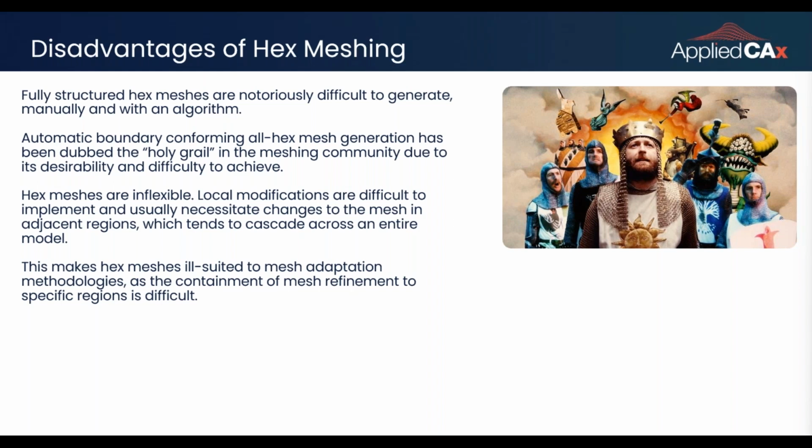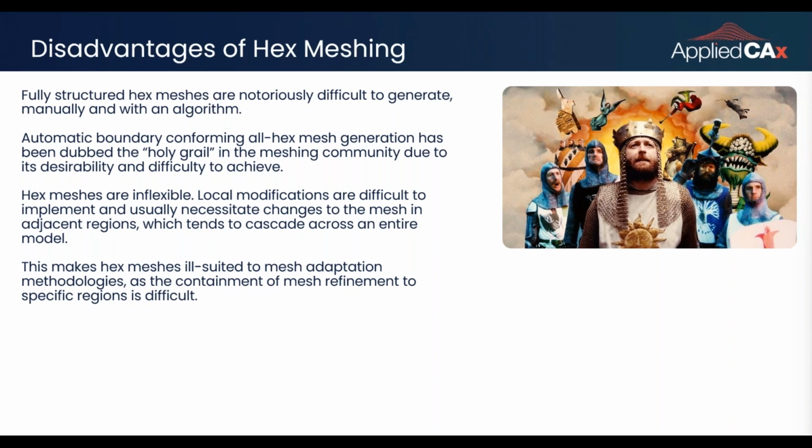Before, if you made changes in the hex mesh in Femap, it wouldn't necessarily propagate them through the matched surfaces, and you'd end up with a lot of issues. It's getting better and better, but it doesn't work 100% of the time. And you can't simply add refinement in one area without it needing to propagate through to everything that's touching it.